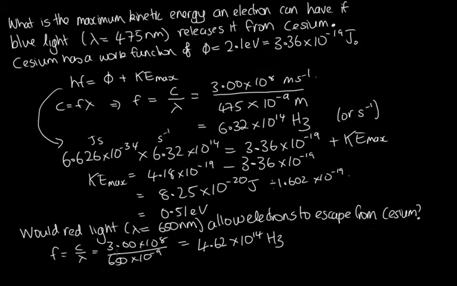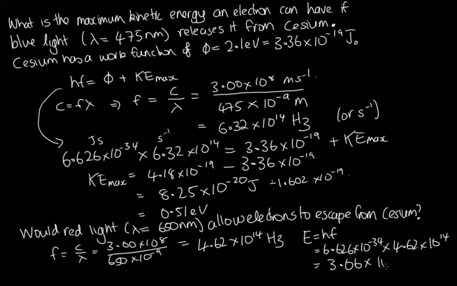So now we can work out how much energy this red photon has. We use E is equal to hf, which is equal to 6.626 times 10 to the minus 34 times the 4.62 times 10 to the 14. And we see that this is equal to 3.06 times 10 to the minus 19 joules.